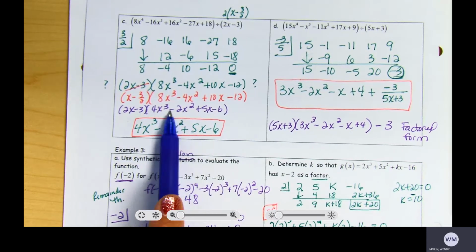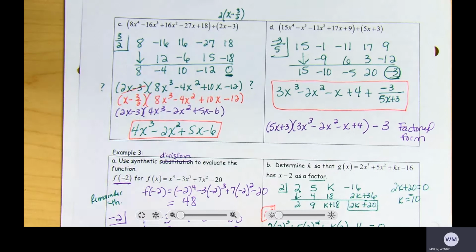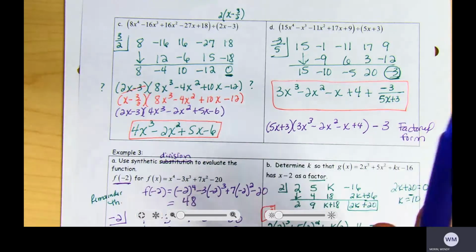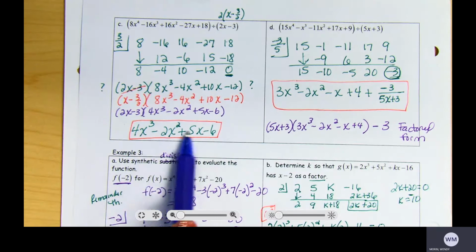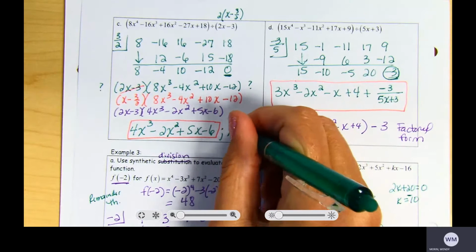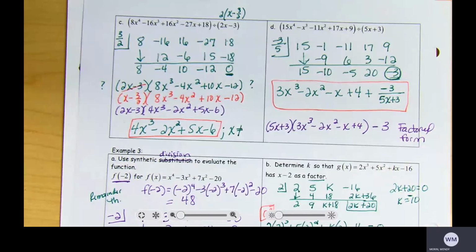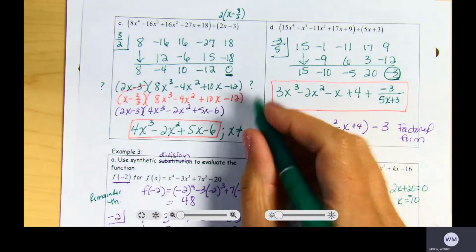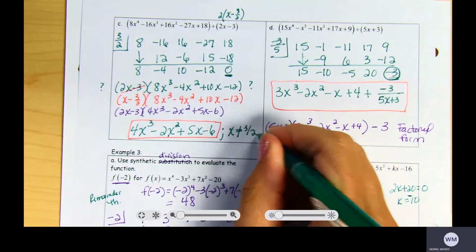This purple will give you the original problem. Now, if they say divide, they just divide, it's going to be this answer, and the restriction for this answer is x cannot equal what you're dividing by, whatever makes that equal to 0. So x cannot equal 3/2.